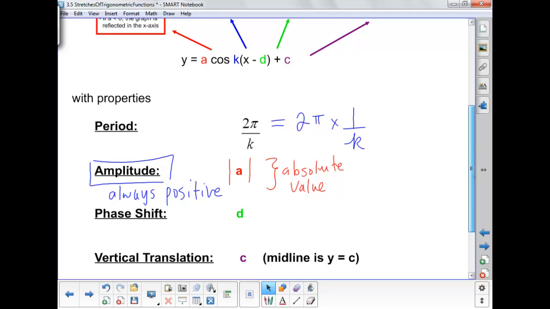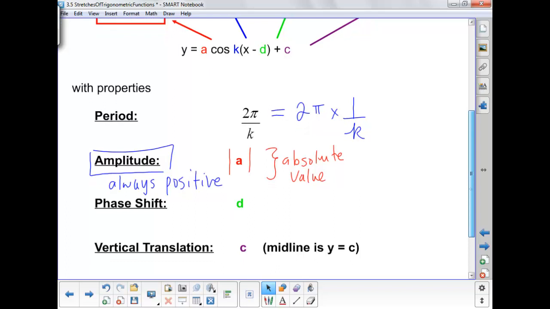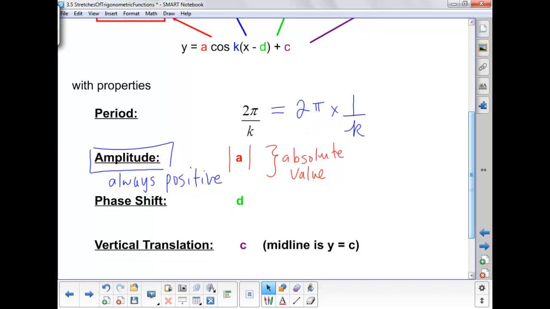Normally when we're talking about trig functions, we don't use the term horizontal translation; we talk in terms of a phase shift. Lastly, the value of c corresponds to the vertical translation, but we usually relate that to the midline, an imaginary line that divides the function in half vertically.